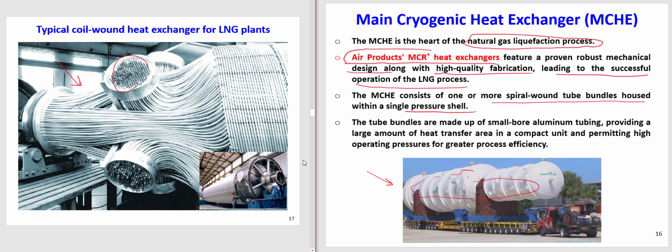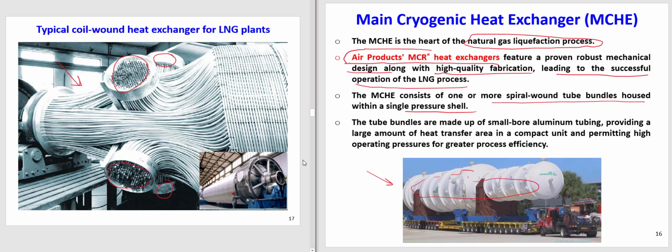Each of these circles is the inlet or outlet of a different bundle. We usually have 3 bundles: warm bundle, middle bundle, and cold bundle. So we should have 6 of these circles. Maybe in this photo it's not obvious, but we usually have 6.